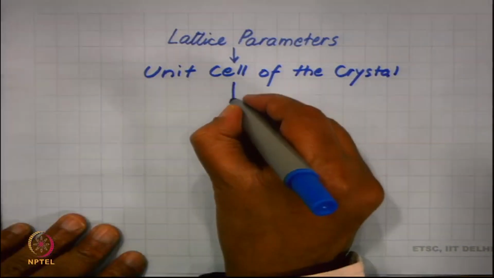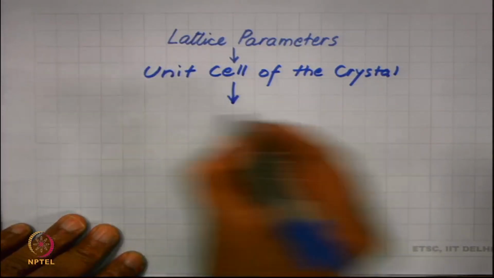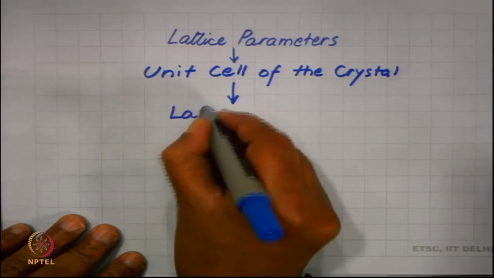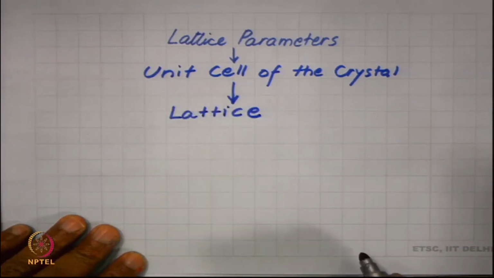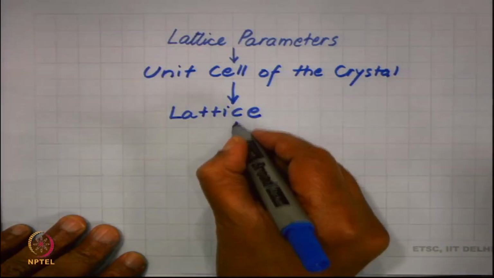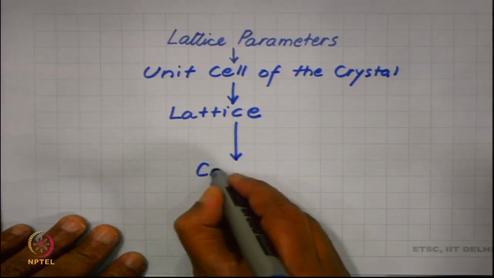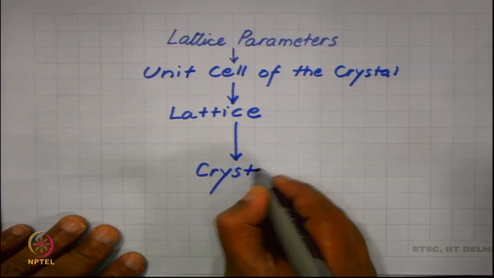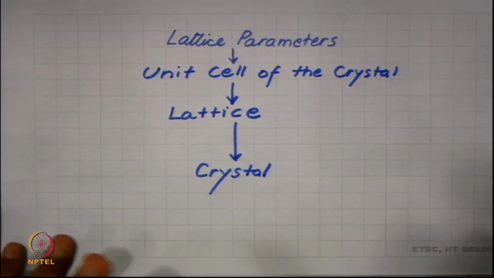If we know the unit cell, by repetition of the unit cell, we know the lattice. And if we know the lattice, then we have the information about the crystal. Or am I making a mistake here?